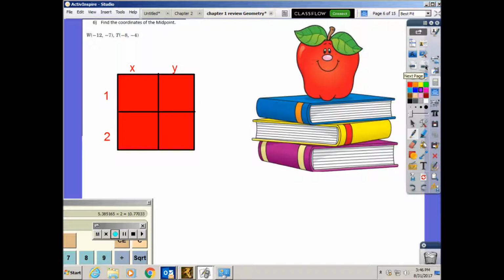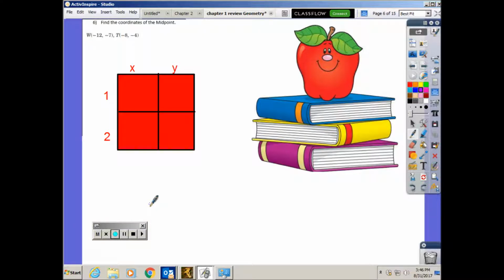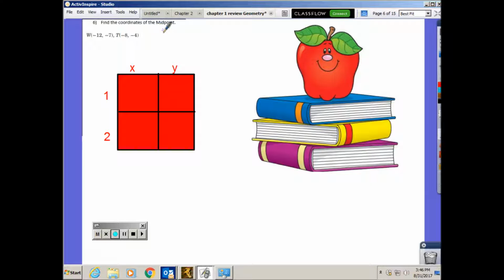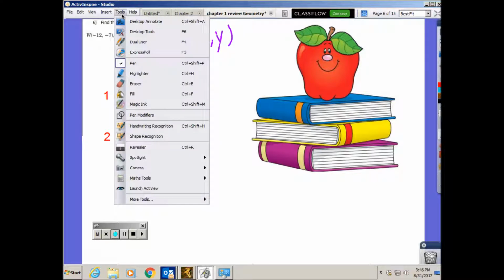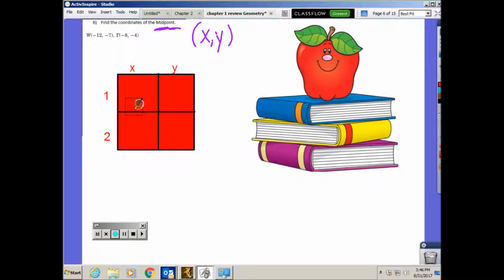Problem number 6 is a midpoint formula. Find the coordinates of the midpoint. That means my answer is going to be x, y. The first thing I do is make sure I know what I'm going to use for my x sub 1 and my x sub 2.